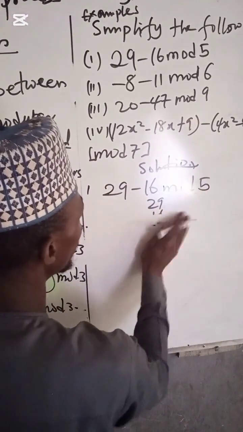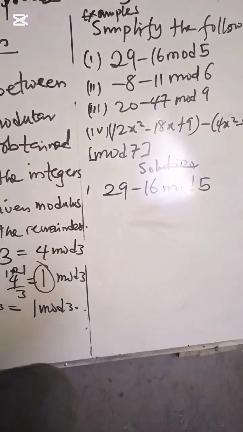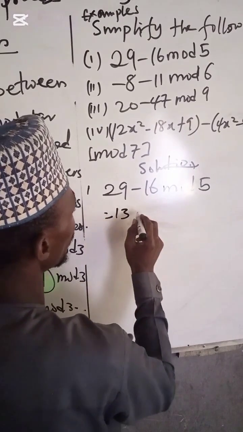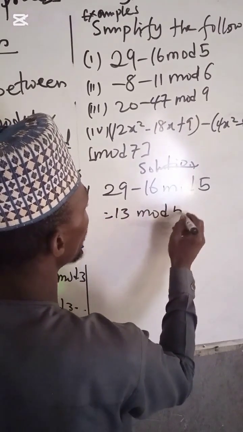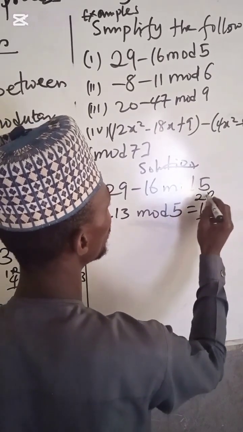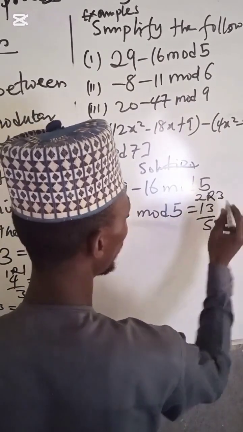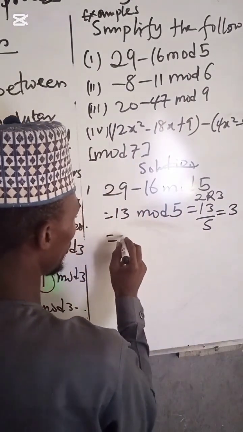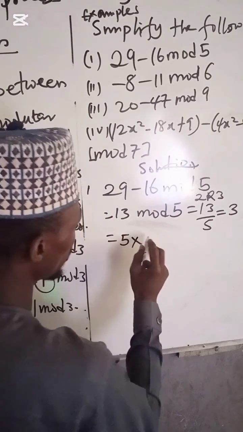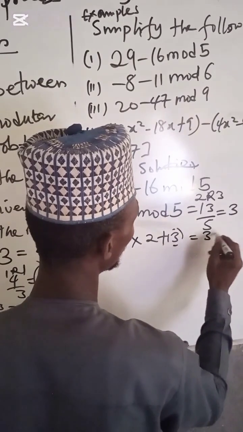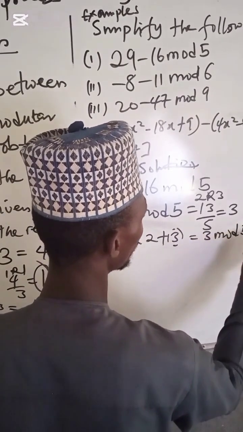So you have 13 modulo 5, which is the same as 13 divided by 5. You have 2 remainder 3. Therefore, the remainder is 3. So you have 5 times 2 plus 3. This is the remainder, so we have 3 modulus 5.